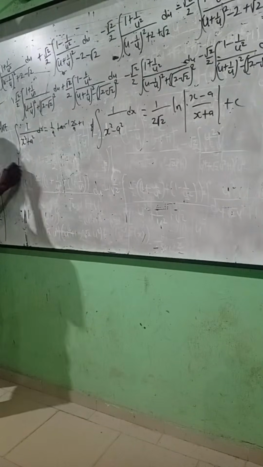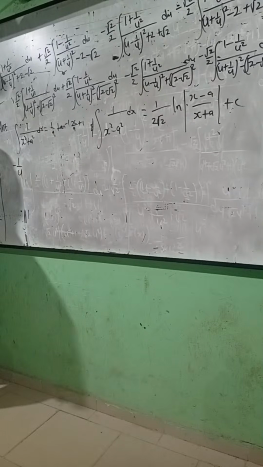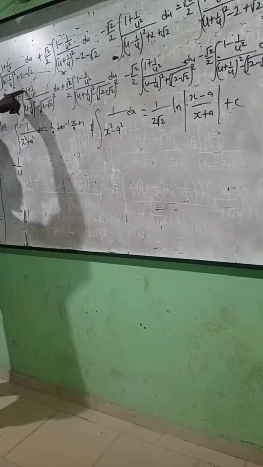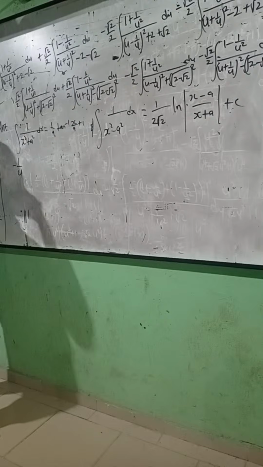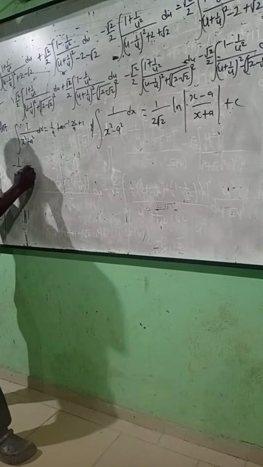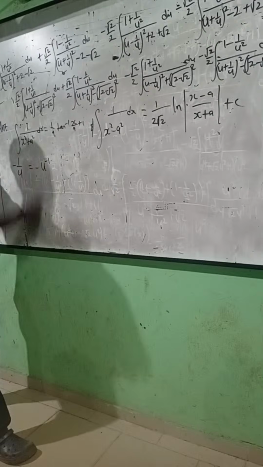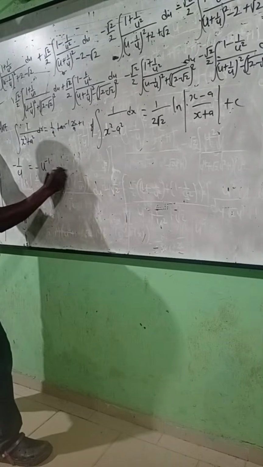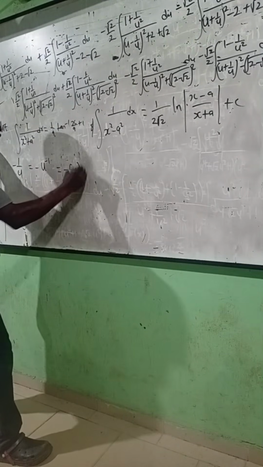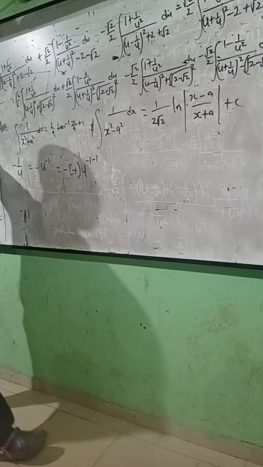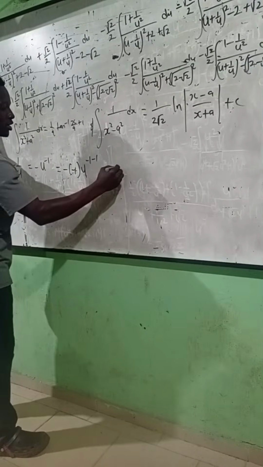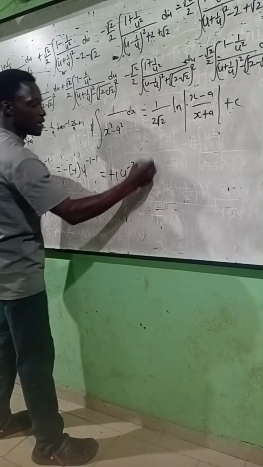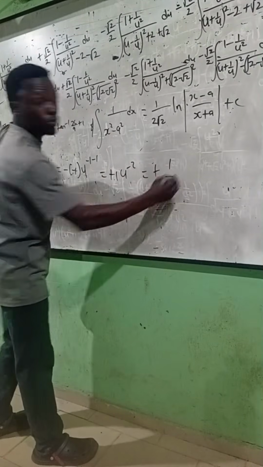If you differentiate minus 1 over u, the minus 1 over u is the same as minus u raised to minus 1, which when differentiated is plus 1 times u raised to minus 2, which is plus 1 over u squared.